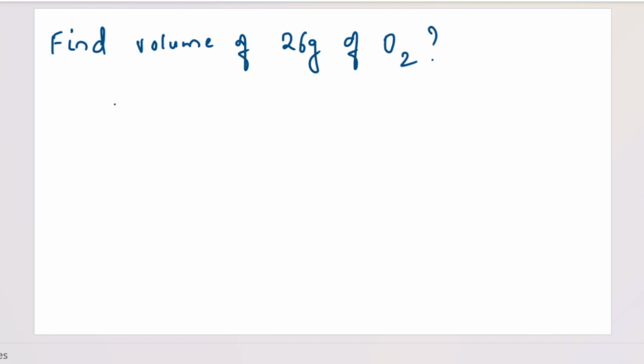Okay, we'll use the formula volume is equal to number of moles into molar volume. Molar volume is the volume of the gas at STP.